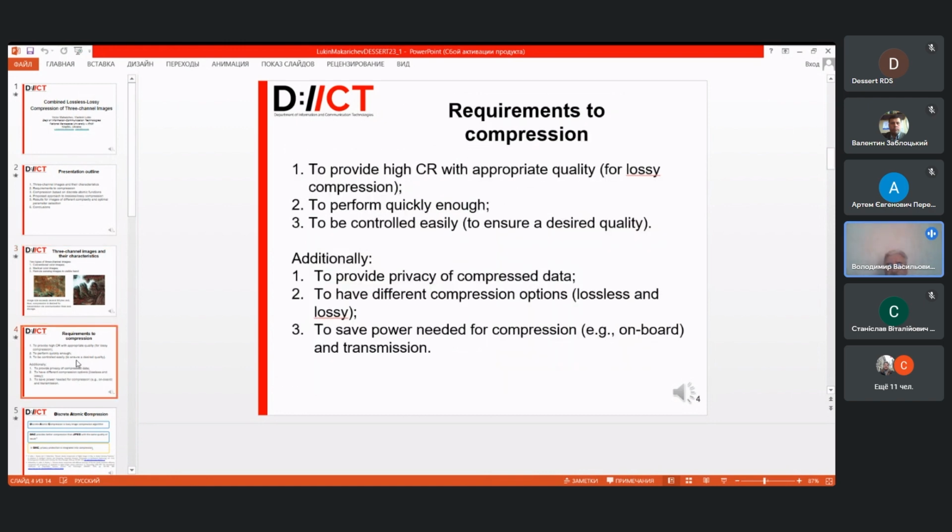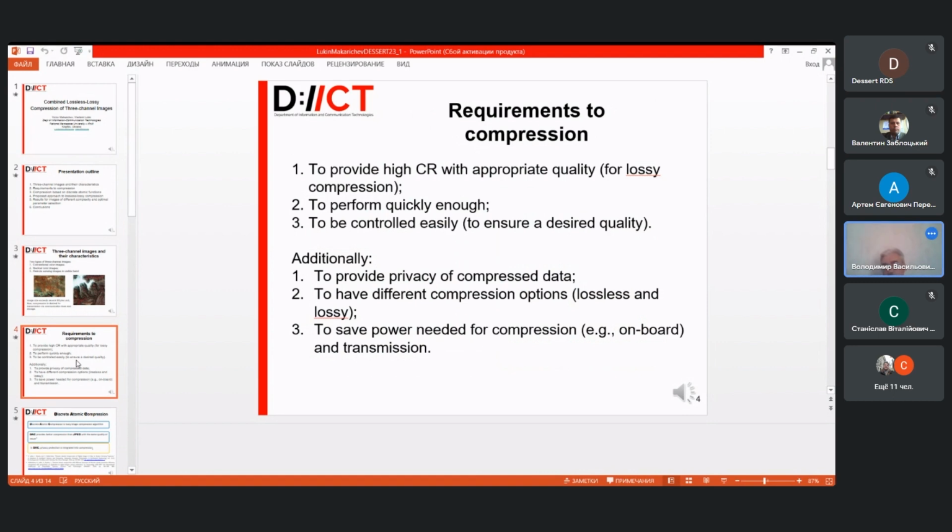I would like to remind some basic requirements to compression. First of all, it is often desired to provide high compression ratio with appropriate quality. I say about quality with respect to lossy compression, for which some distortions are introduced into data.